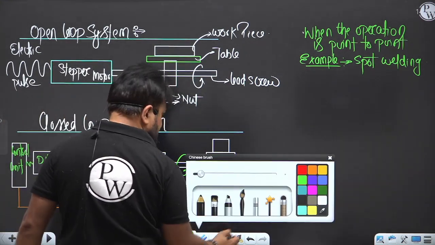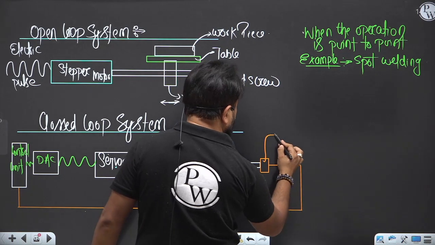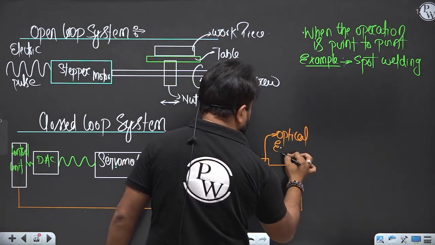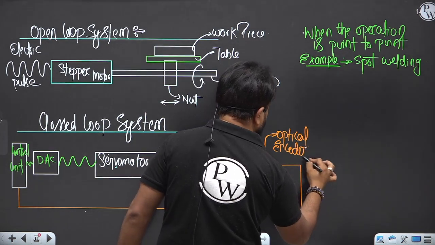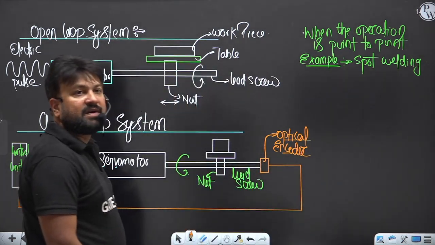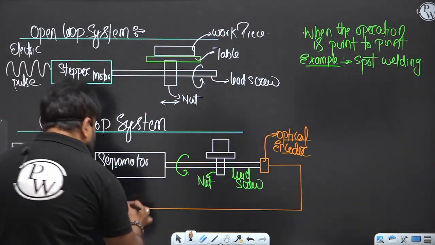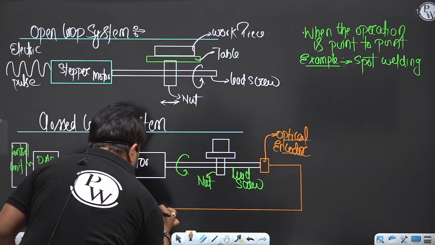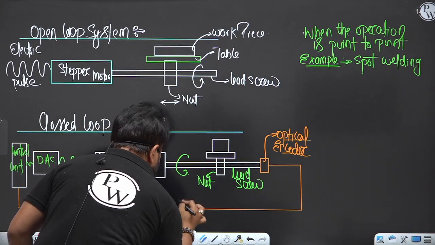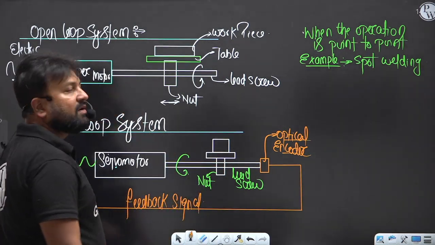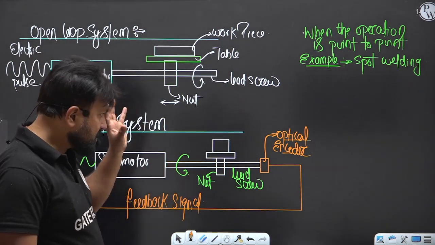This optical encoder sends the feedback signal to the main or control unit.